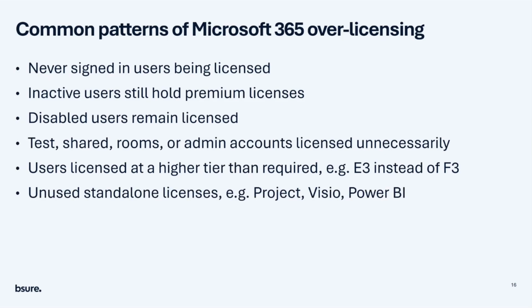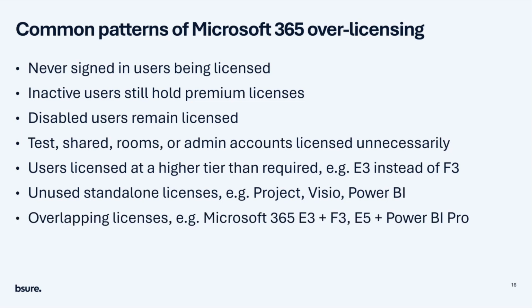There are some unused standalone licenses. Someone needed Project or Visio or Power BI sometime, but they stopped using it, and still hold a license. There is something we call overlapping licenses. If a user is assigned two different licenses with overlapping functionalities or service plans, like if you have E5 and you haven't removed the Power BI Pro when you got upgraded to E5, that's an unnecessary license to have.